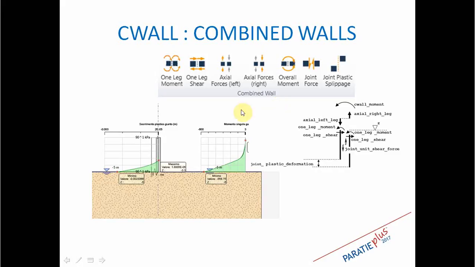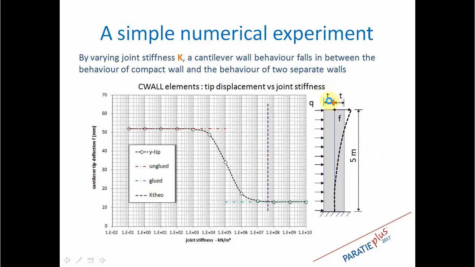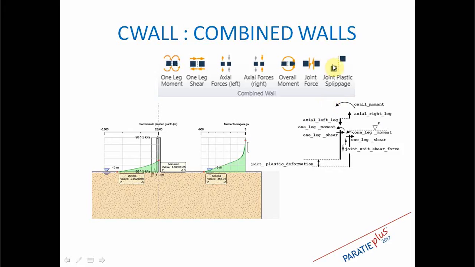Once this element is being used, the results are not only the overall bending moment and shear force of the element, but also the internal action taken by each leg, and also the joint force along the wall. Just to remember that the joint behavior is plastic, and if plasticity occurs, we may have also plastic slippage.